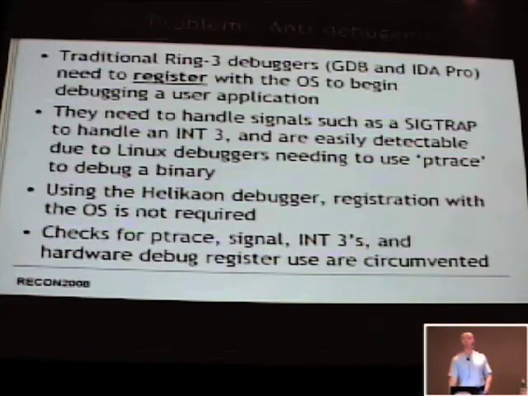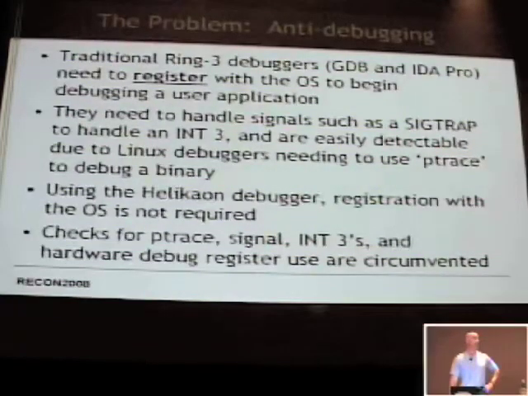And then also in Linux, they use ptrace, which is process trace, which GDB uses. Again, you can bury that in your code in a number of places to catch if a debugger is being used. And so with this, Helikaon is a driver that I developed, and it gives me certain access rights at that level.